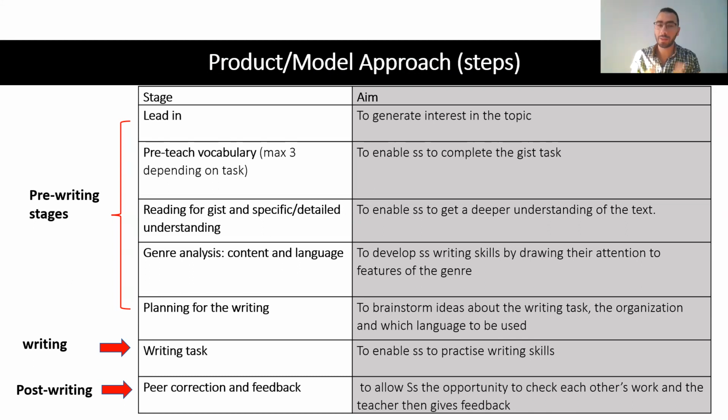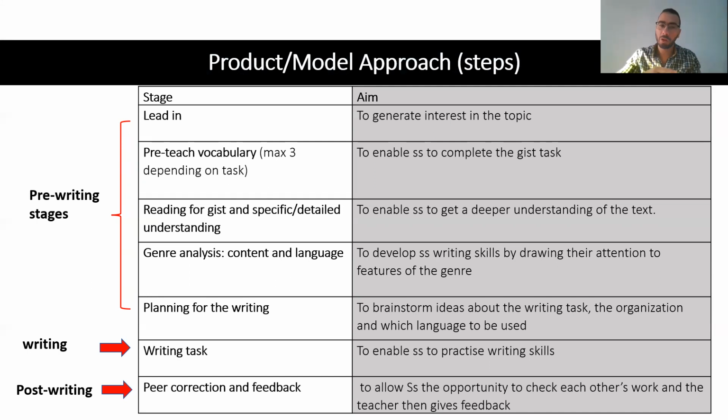So this genre, this type of writing, has its own specific language and its own content. So we need to focus with the students on what we should include, what we should add, what we shouldn't add, whether it's going to be formal or informal. All of these are focused on in the genre analysis. And again, there will be separate videos tackling this area specifically because it can be a little bit challenging.